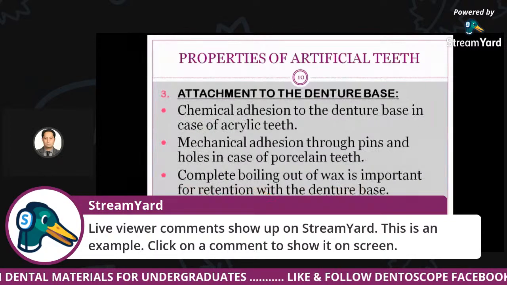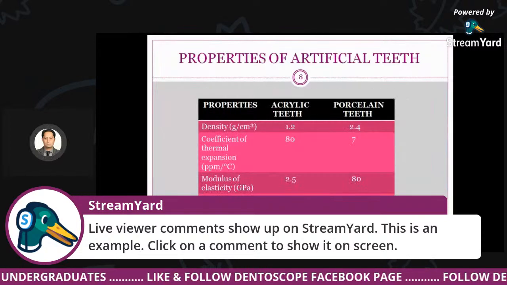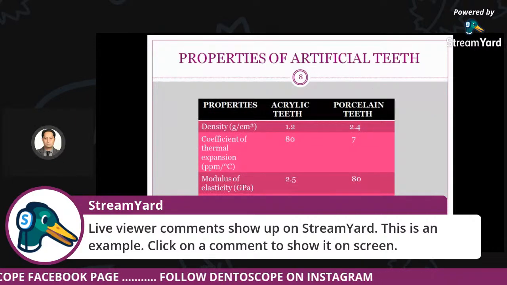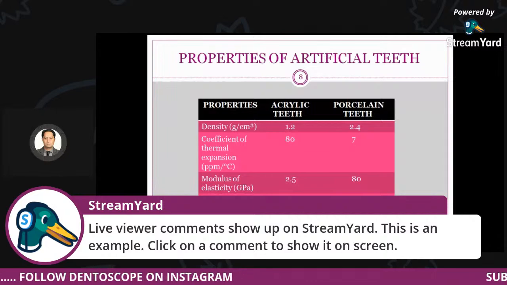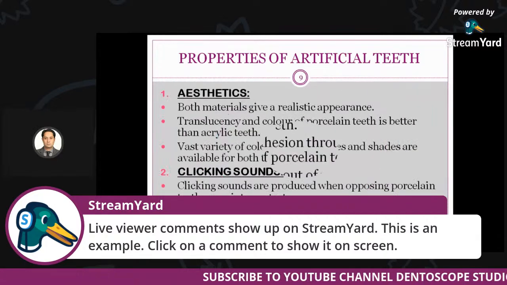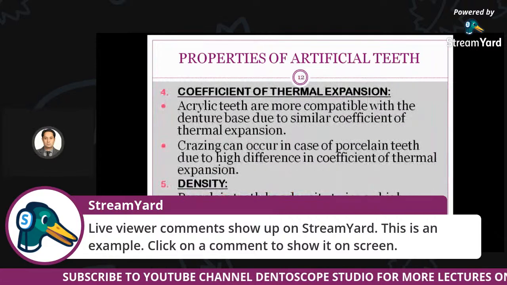Here, if we go back, you can see the coefficient of thermal expansion of acrylic is 80 and that of the porcelain teeth is 7. So there's a huge difference between the coefficient of thermal expansion values.